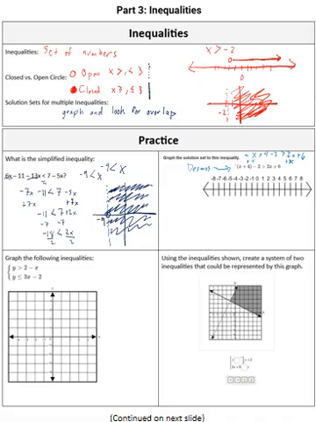Let's see. Sorry, I forgot to distribute the negative. 6 is greater than 3x plus 6. 12 is greater than 3x. X is less than -4.